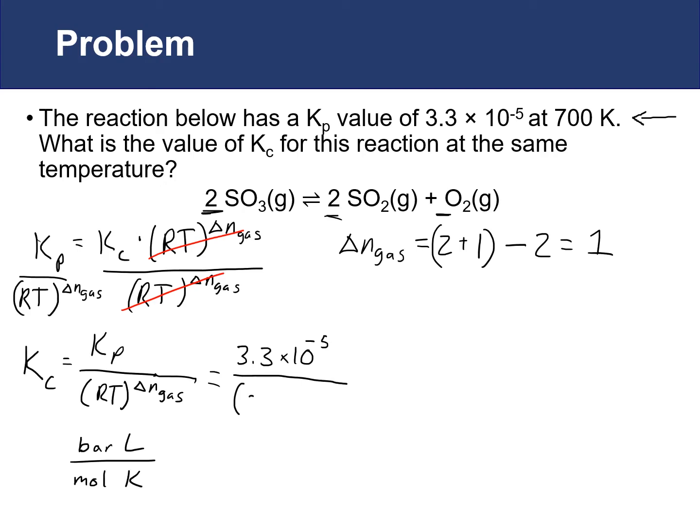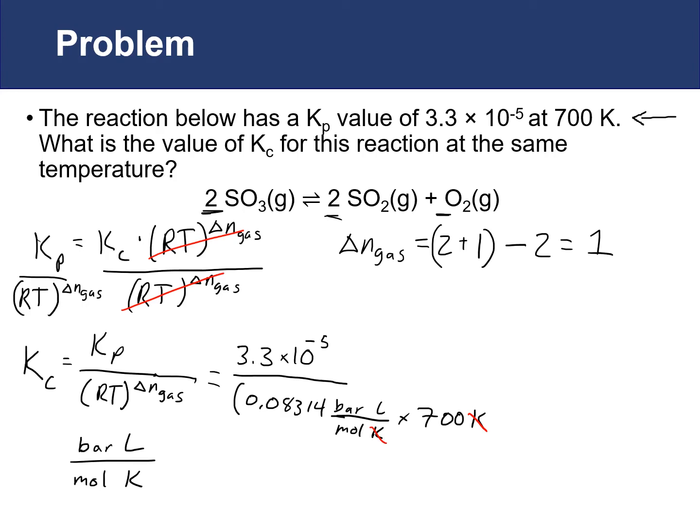And so we will be using the 0.08314 liter per mole Kelvin. We're going to multiply this by our temperature in Kelvin, 700 Kelvin. The Kelvin cancel out.